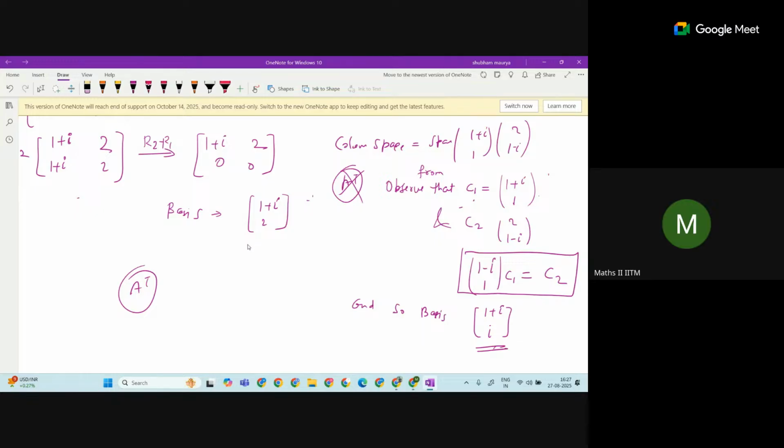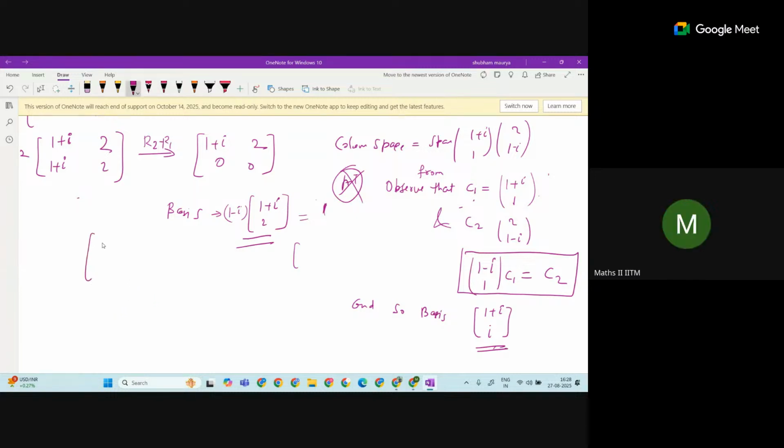What does simplified mean? It means you cannot do further simplification on it. This is also a kind of simplified form. Now, if you multiply by a single scalar, 1 minus i, this will be 1 minus i and 1.